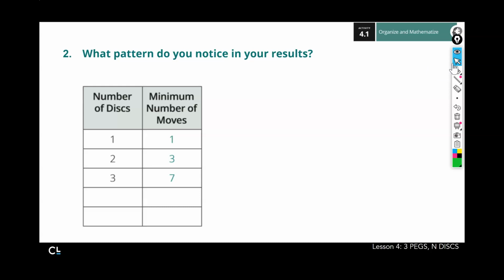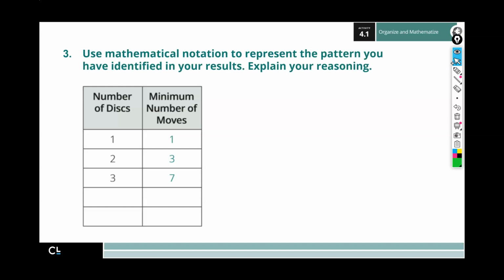The minimum number of moves for 3 discs is 1 plus 2 times the minimum number of moves for the previous term. Use mathematical notation to represent the pattern you have identified in your results. So what we're going to do is write an explicit formula. Actually, we're going to start out with a recursive formula.